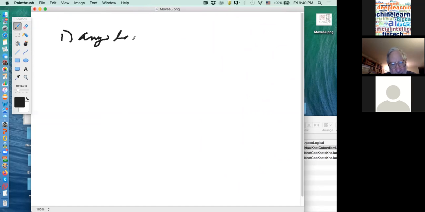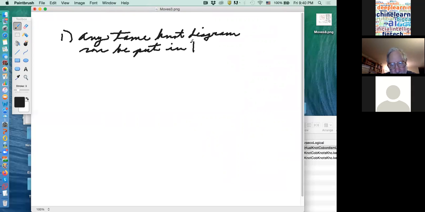Any tame knot diagram can be put in rectangular form. Exercise for you.